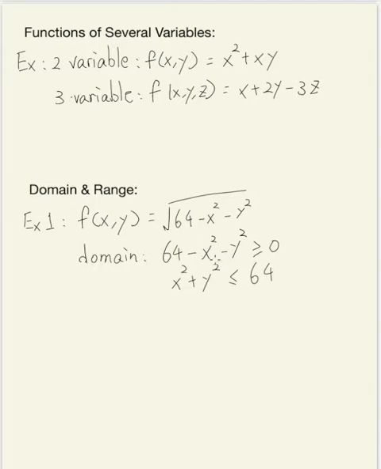So this is our domain, and you can see this is a disk with radius 8. So this is what I meant by the domain of a function of 2 variables is usually an area. Okay, and what about the range?